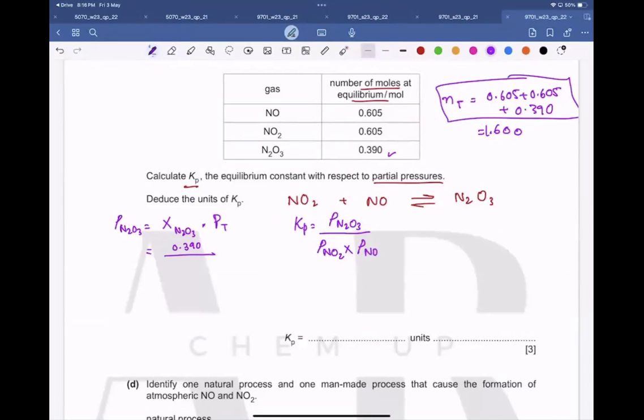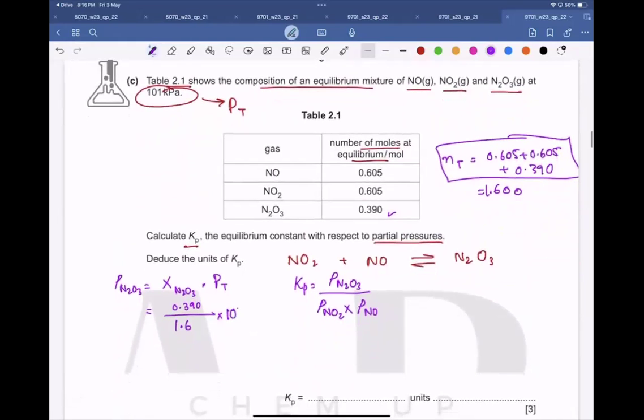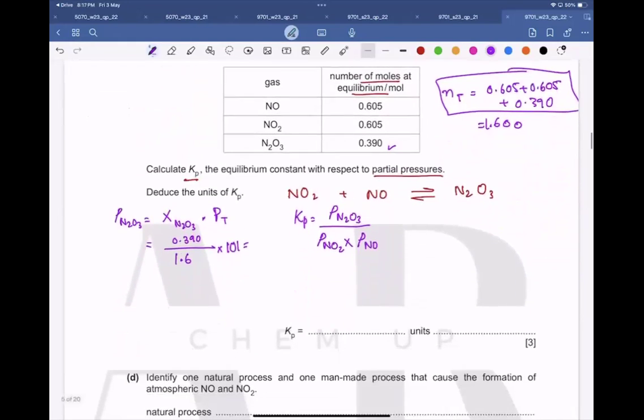Okay, so the moles of N2O3 divided by total moles times total pressure, which is 101, gives me the partial pressure of N2O3. In the same way, to find the partial pressure of NO2, it is equal to the mole fraction of NO2 times total pressure. So the mole fraction of NO2 would be 0.605 over 1.6 times 101.